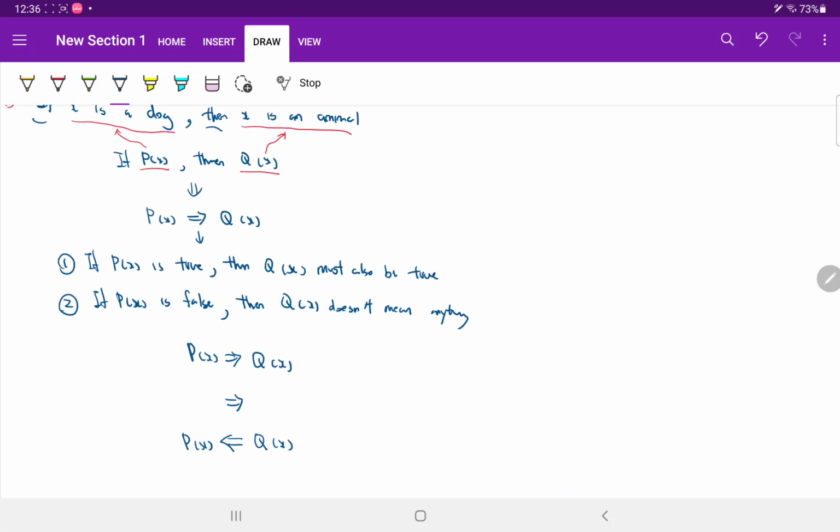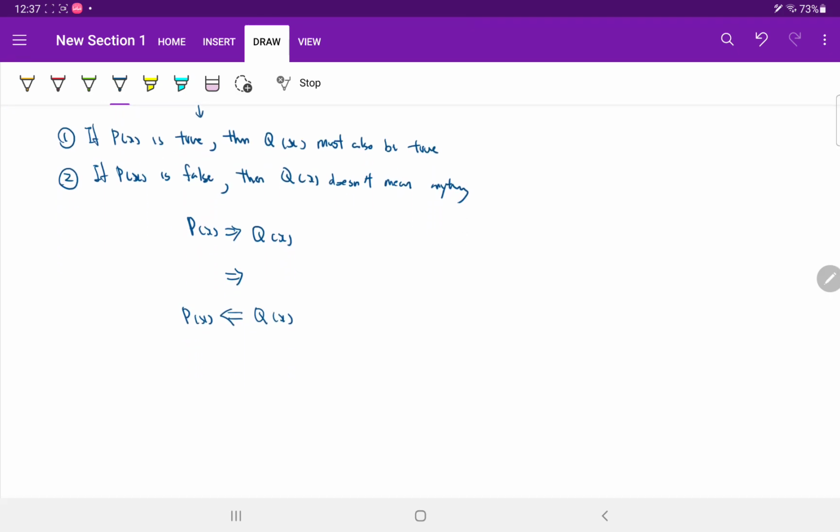If x is an animal, then x is a dog, which is untrue, because there's cats, there's mice, there's lions, there's tigers. So if x is an animal, it might not be a dog. So in this case, if we write the opposite arrow, this statement would be false.